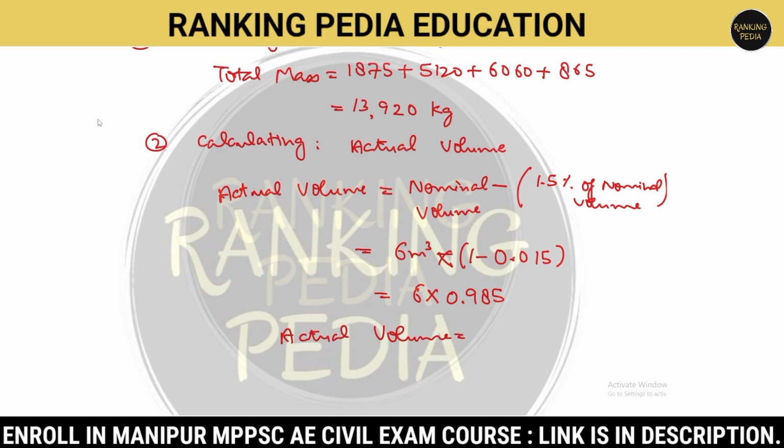When you multiply 6 by 0.985, you get 5.91 meter cube, the value of actual volume.